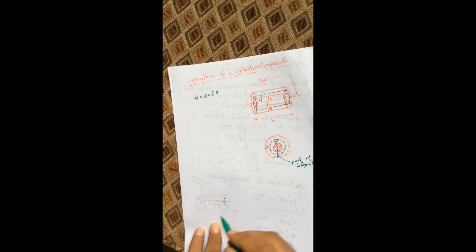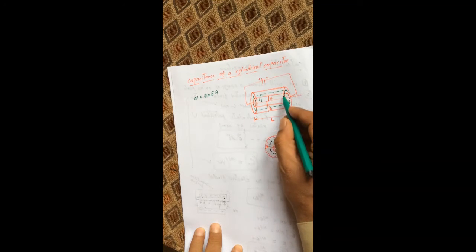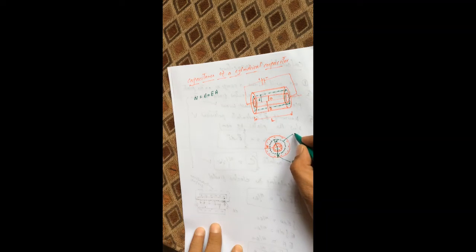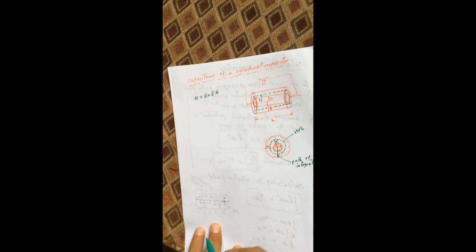But we know that the area of a cylinder is equal to its circumference times its length. The area of this Gaussian surface, which is in the form of a cylinder, will be equal to its circumference, which is 2 pi r, times its length. The length of this cylinder is L, and that gives us the area of the Gaussian surface, which is a cylindrical surface.